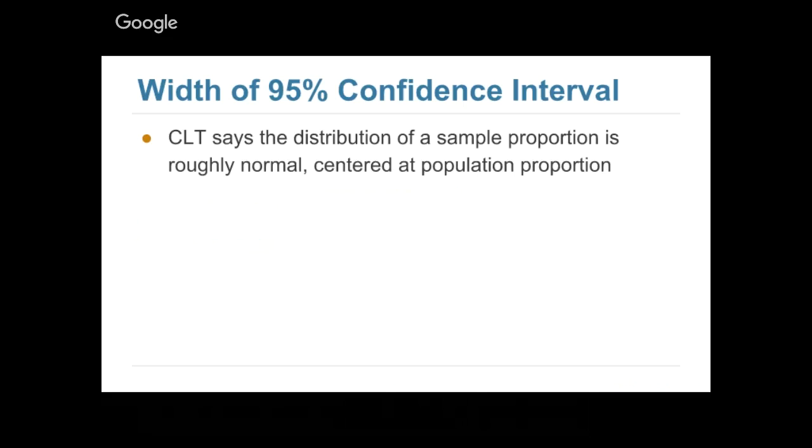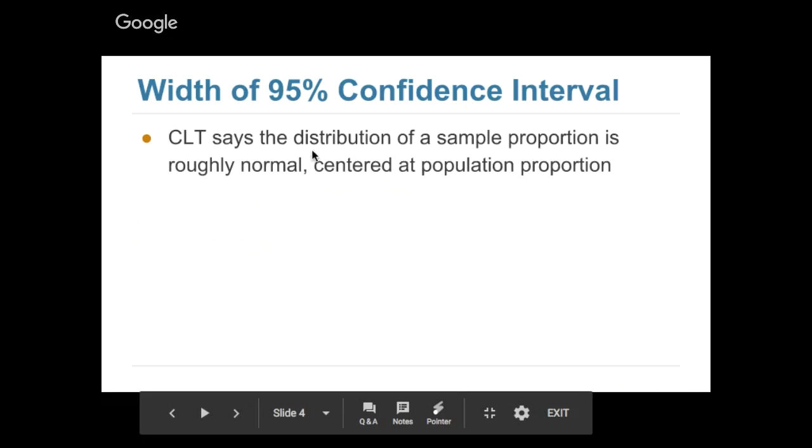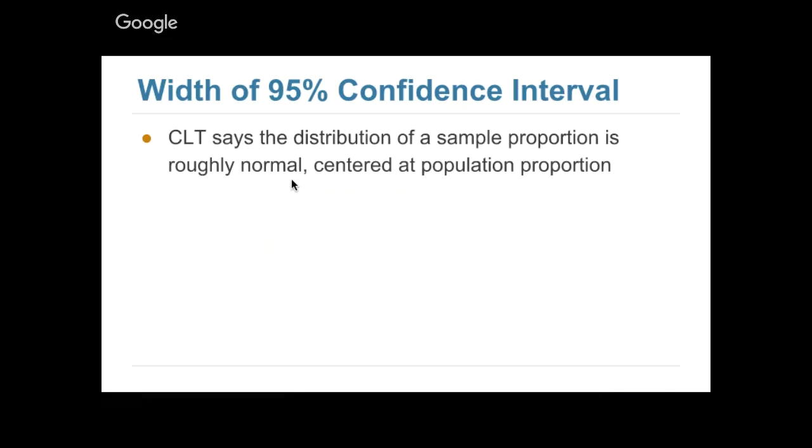It turns out that the confidence interval uses this very same distribution. The central limit theorem says that when I make a confidence interval, the distribution of values whose middle 95% I'm taking will be roughly normal.